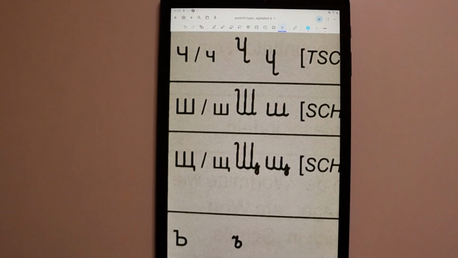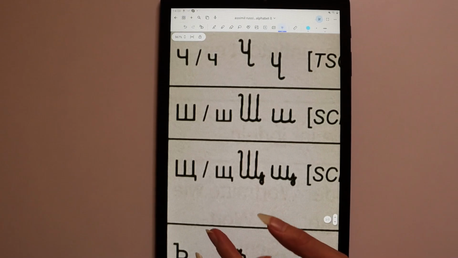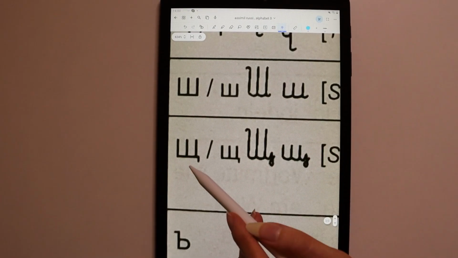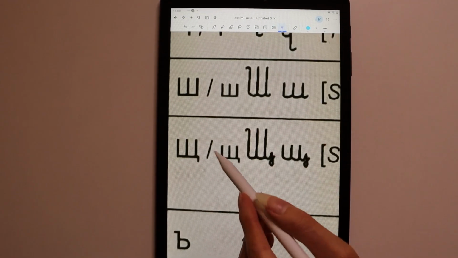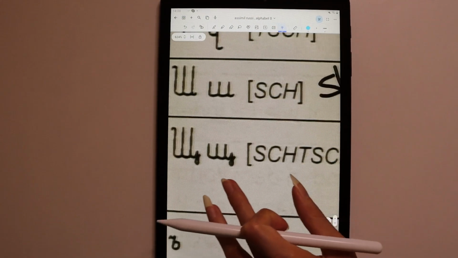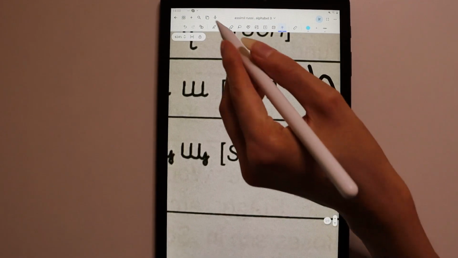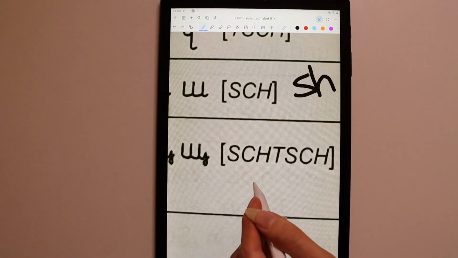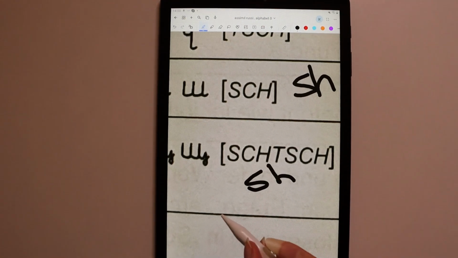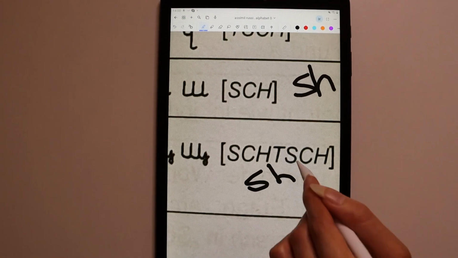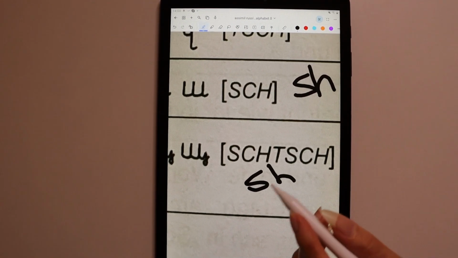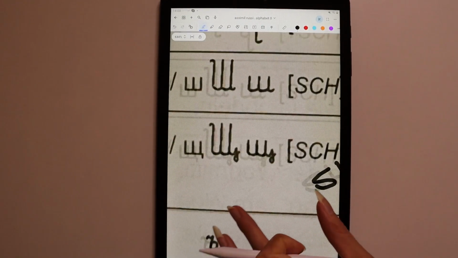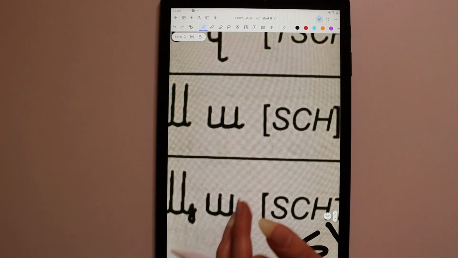Sha. And then we have xia. So this is more sha, and this is xia. This is a bit softer. So it's again sh, but it's more like in sheep, as an example, and not as in shut, not sha, but xia. A bit softer. I can write this.